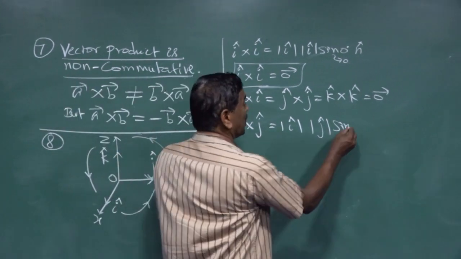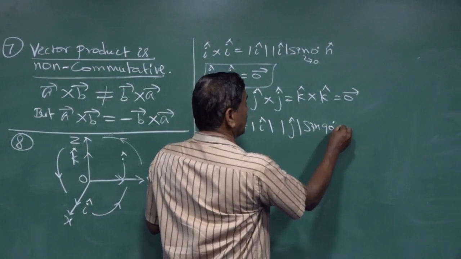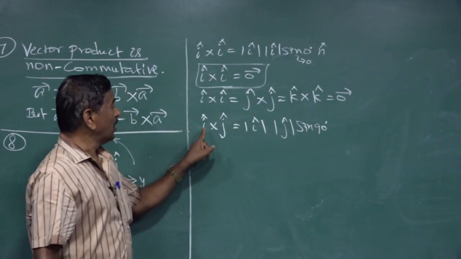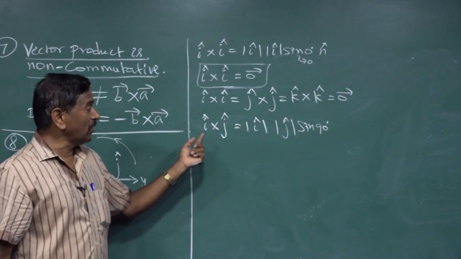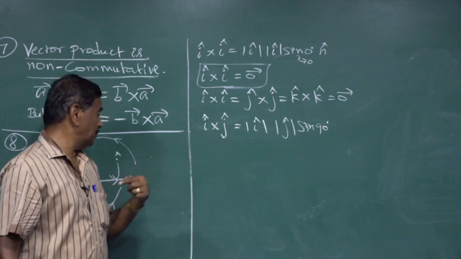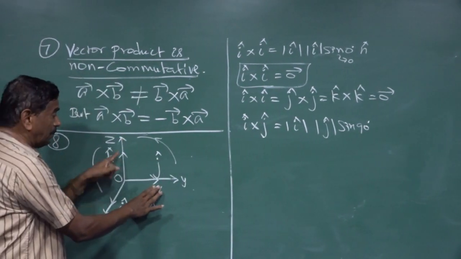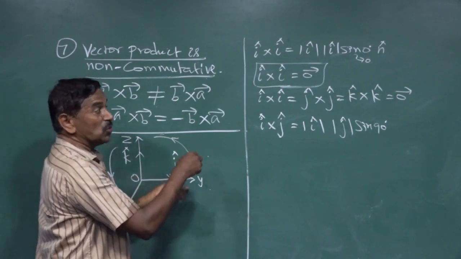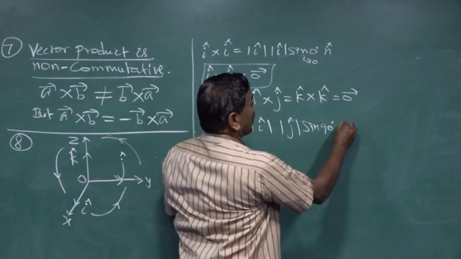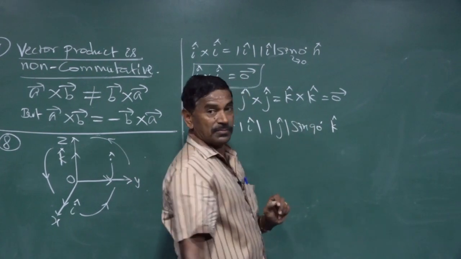So that is sin 90, into the perpendicular unit vector to both i cap and j cap, which is given by k cap. So in place of n cap, k cap comes here.